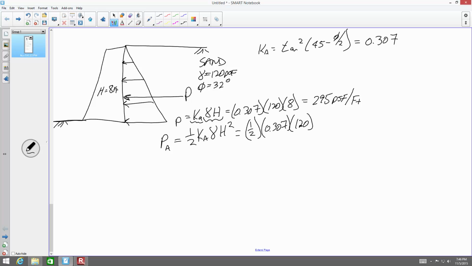Oops, that's a 2 there. Times 8 squared gives us a total of 1,180 pounds per foot. We could write foot of wall if we wanted to clarify.